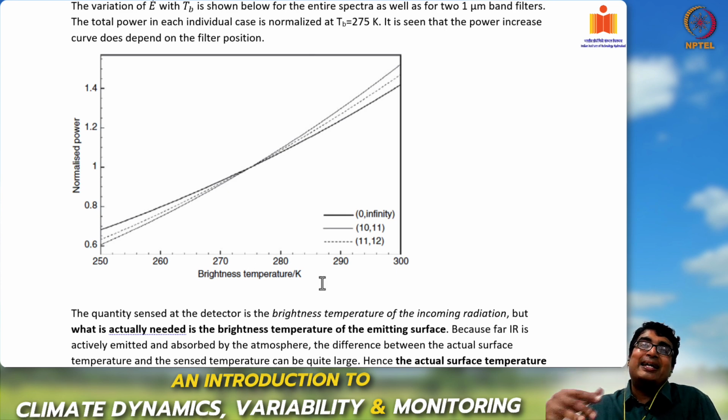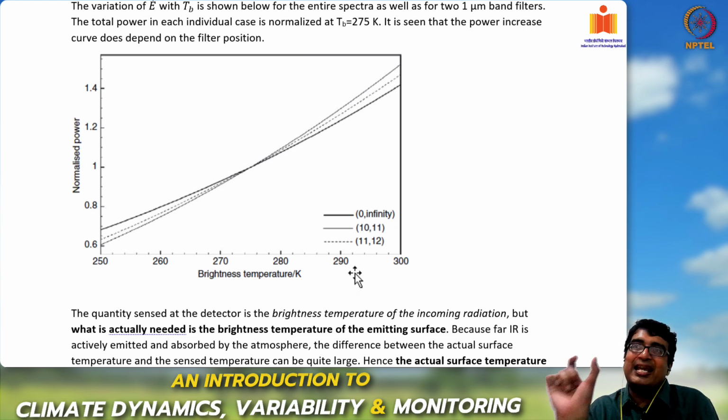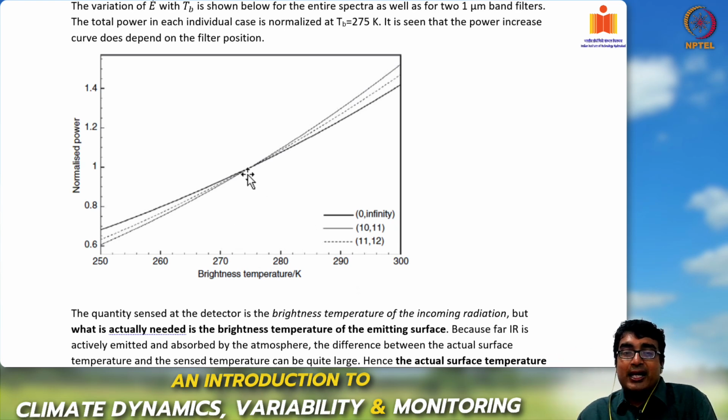We are normalizing the detected power for any bandwidth by the actual detected power at 275 kelvin, and comparing that power with the power obtained at other brightness temperatures for that same bandwidth. So for example, this is the unfiltered power obtained by your detector.